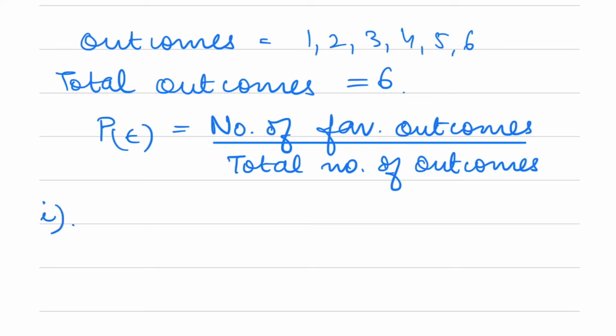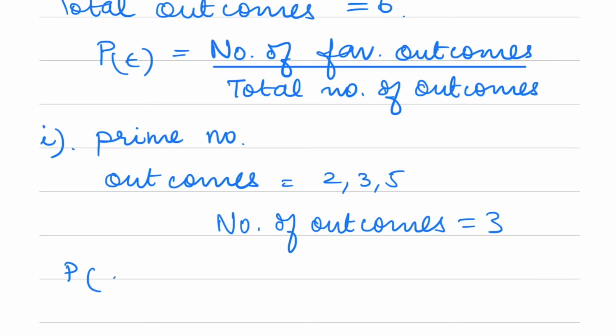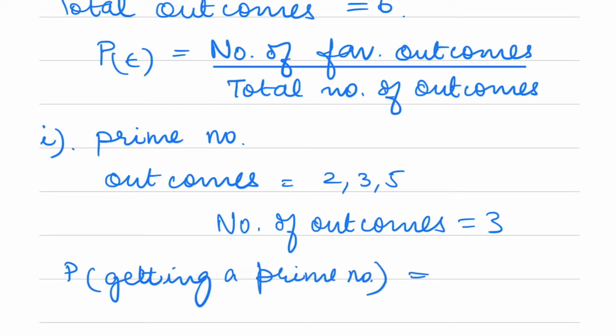Now the first part is we have to find the probability of getting a prime number. Here outcomes are 2, 3, 5. Here number of outcomes are 3. Probability of getting a prime number is equal to 3 out of 6, so half. Answer.